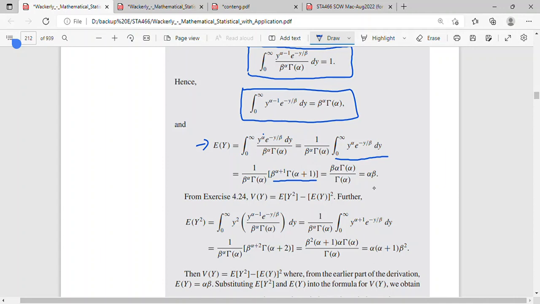This one is actually beta power of alpha when the index of y is alpha minus 1. If the index for y is alpha, then here will be alpha plus 1. And then here is gamma alpha, so here gamma alpha plus 1. Okay, can?